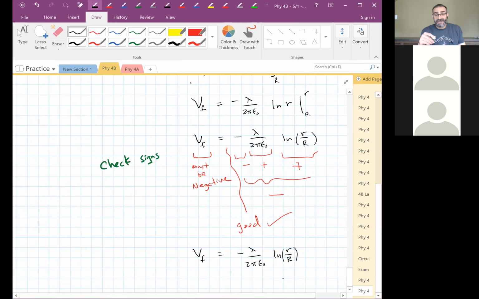Because we have a natural log of something over the radius of the cylinder. So if we plug in lowercase r equals capital R, we get the natural log of 1, which is 0. It naturally goes to 0 on the surface at the radius of one of the cylinders.